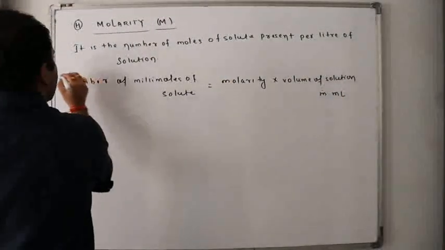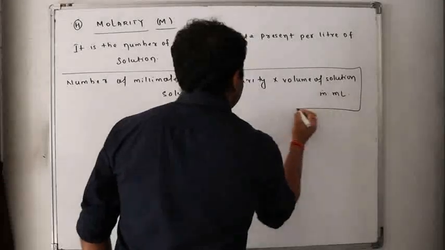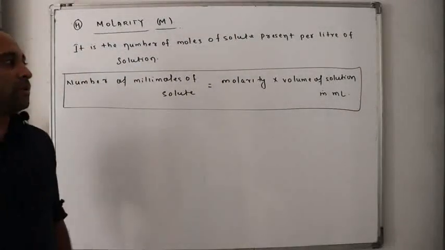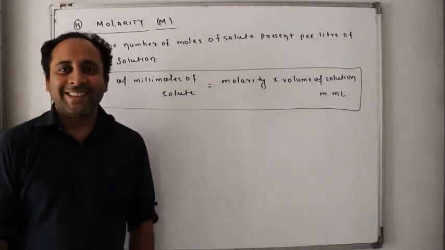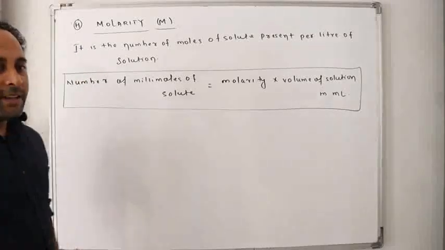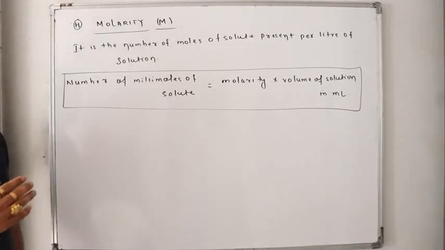Listen carefully what I have given. Number of millimoles of solute is equal to molarity into volume of solution in ml. Easy? Doubt?